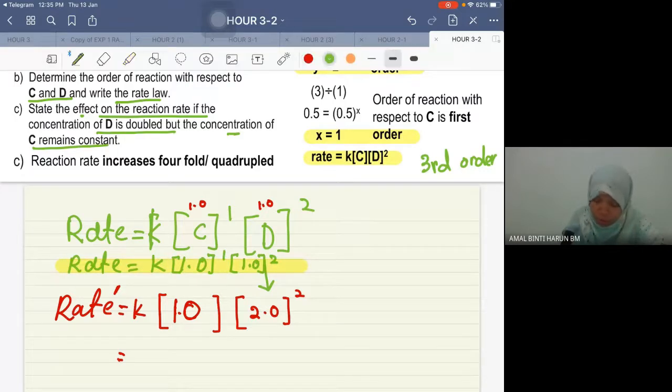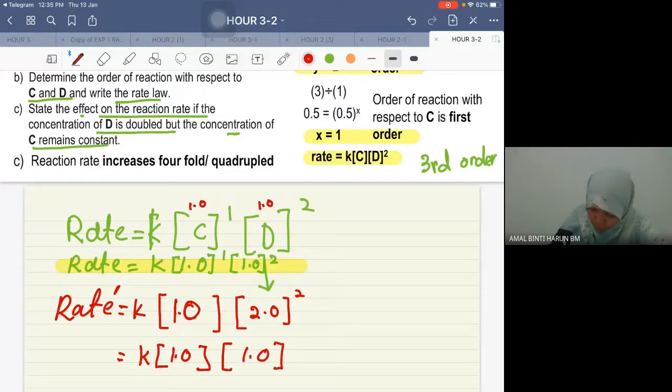Sekarang kita double, saya buat apa? Ini constant, sebab dia kata constant. D saja yang double. So you buat apa? Dia akan jadi, kita factorize kan. K 1.0 and then ini 1.0.